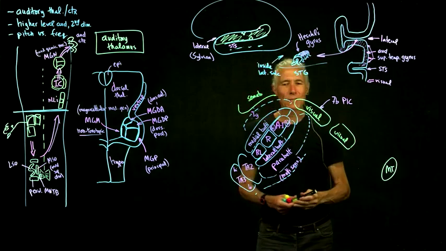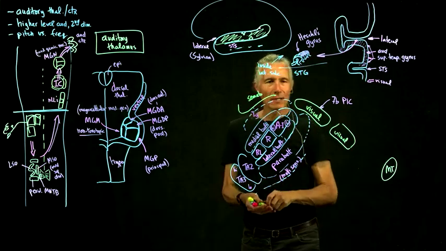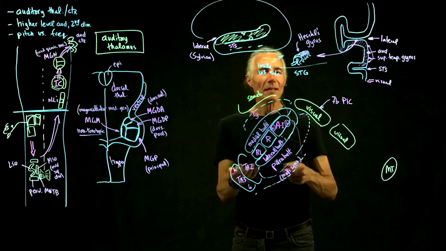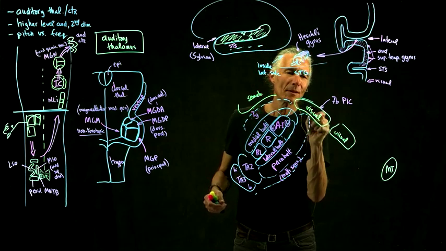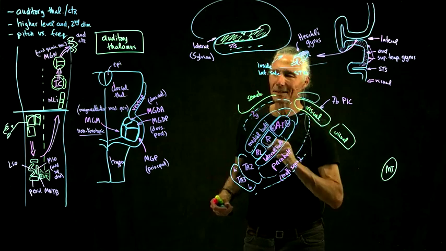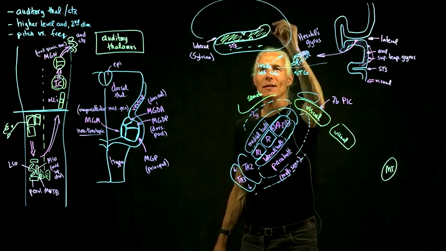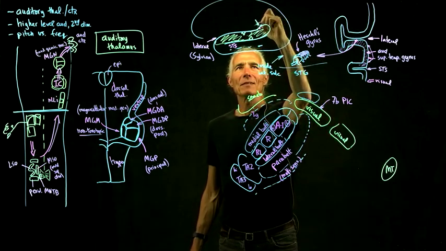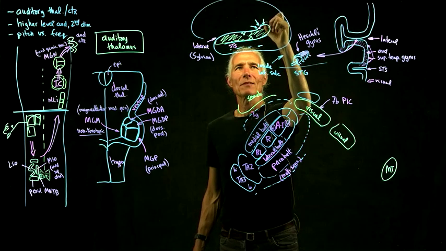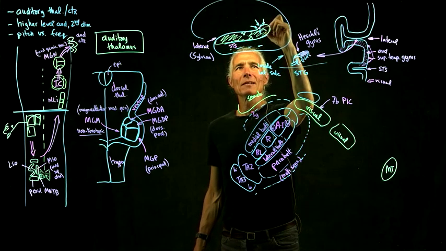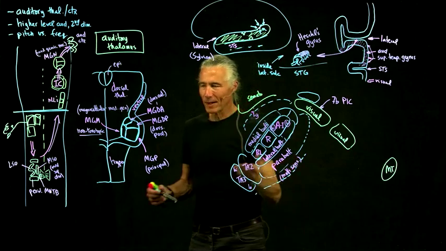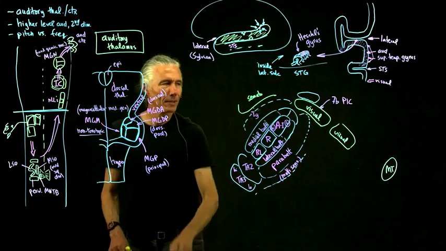Sometimes there's a little bit of auditory stuff on the other side of the visual. It's complicated. This is a very complicated area, right in this region here. There are a lot of areas crammed in there. It's often activated in various kinds of fMRI experiments.